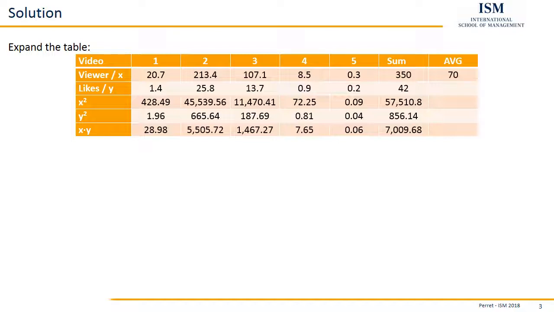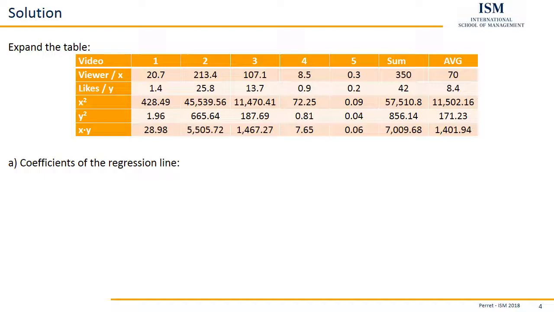So the average number of views is 70, the average number of likes is 8.4, and the average of x squared is 11,502.16. The average of y squared is 171.23, and finally the average of x times y is 1,401.94.